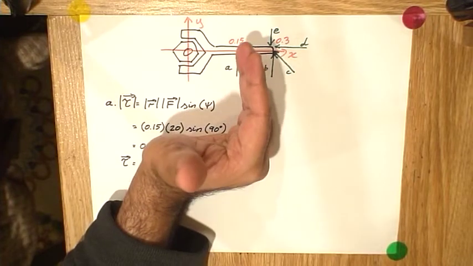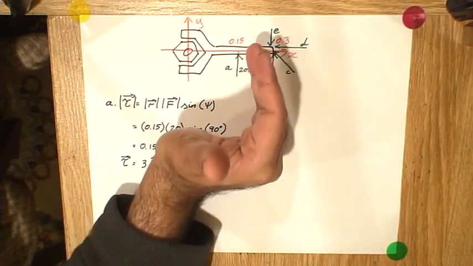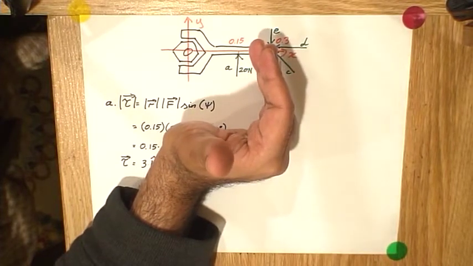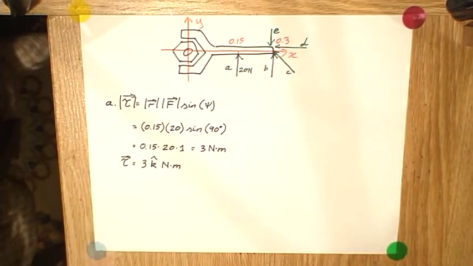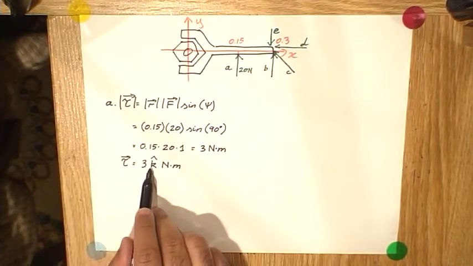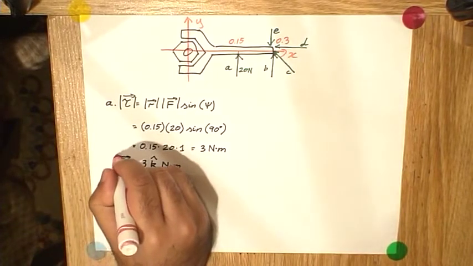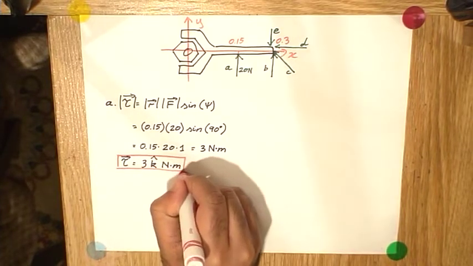And then extend your thumb. My thumb is right now pointed out of the page. And a vector that is pointed out of the page is considered to be in the positive z direction. The positive z direction corresponds to k hat. So that means that once again, we have confirmed using the right-hand rule that this is indeed the correct torque.